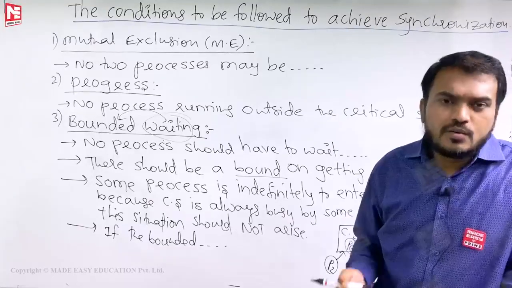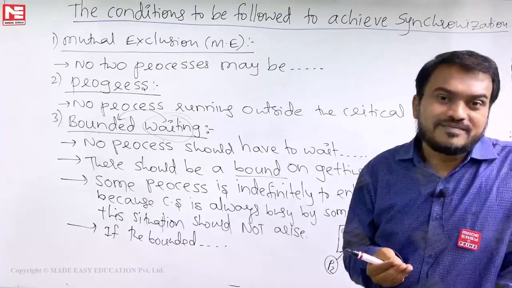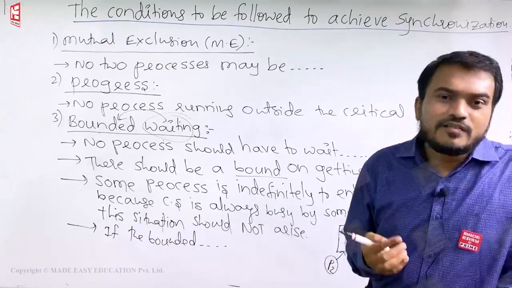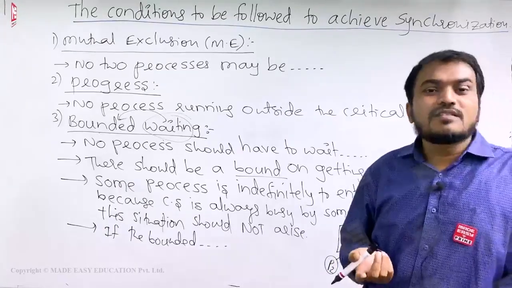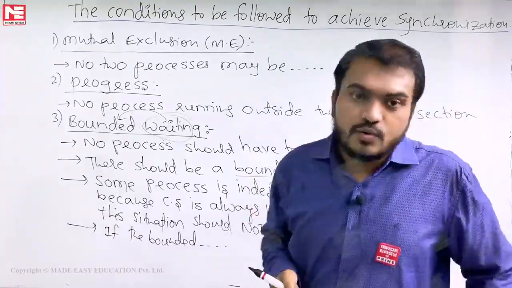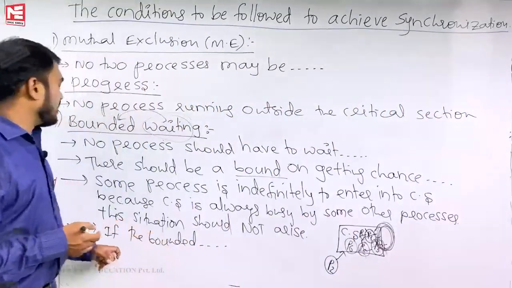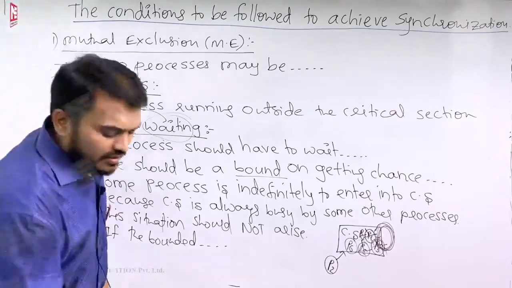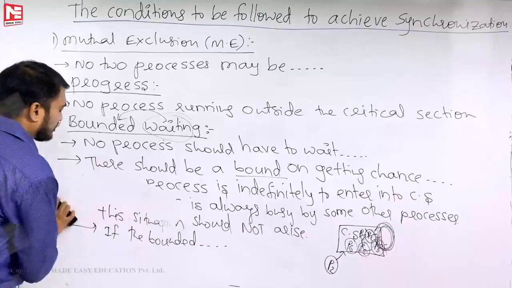Starvation, obviously. So bounded waiting अगर नहीं है, then indefinite waiting is there. So if the indefinite waiting is there, definitely starvation is there. So the point is very clear, right? So this is the fourth statement you are having. You need to remember all these points carefully. That is the bounded waiting.